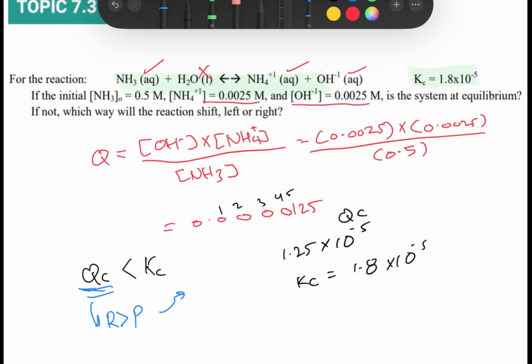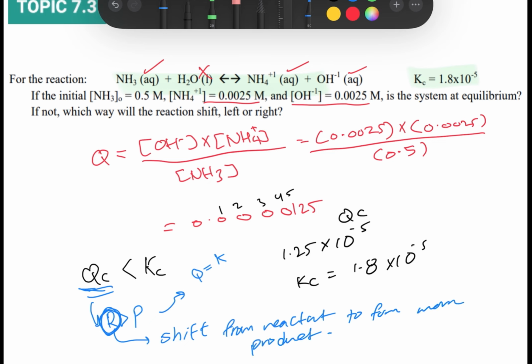In order to make Q the same as K, the reaction has to decrease the amount of reactants by shifting to form more products. So the reaction will shift from reactants to form more products.